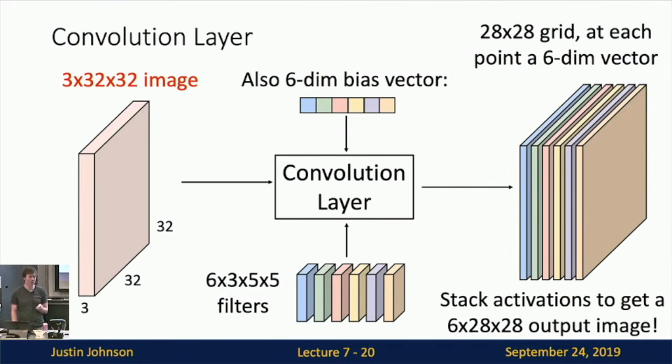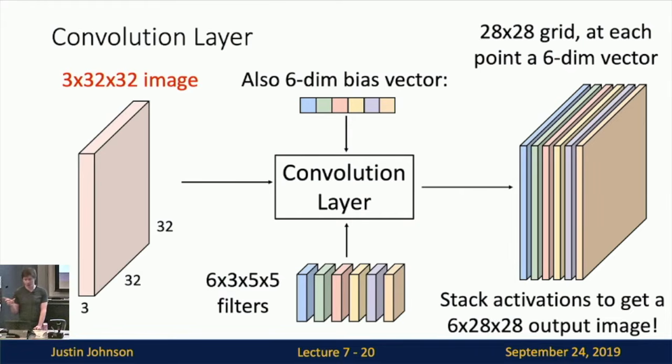But a second way to think about the output of a convolutional layer is that it gives us a 28 by 28 grid, which is a spatial grid that corresponds roughly to the same spatial grid of the input tensor. And now at each position in that spatial grid, the convolution layer computes a feature vector.